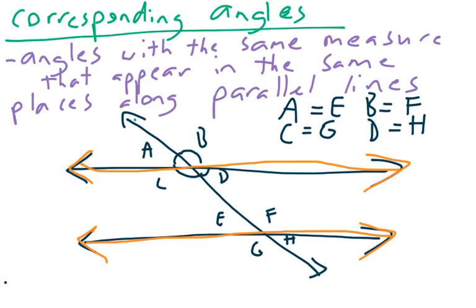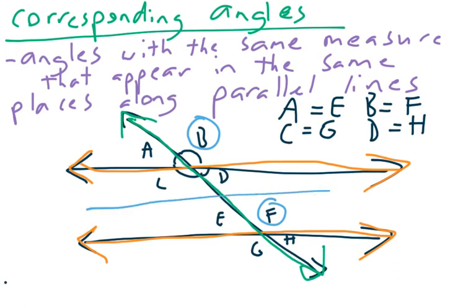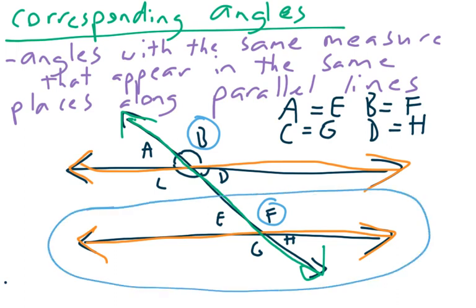Then we have this line that I'm coloring in green that goes across these two parallel lines. The angles that are in the same locations on these parallel lines are going to have the same measurement. Angle B is in the top right corner, and angle F is in the top right corner of this part, so they are going to be equal to each other.